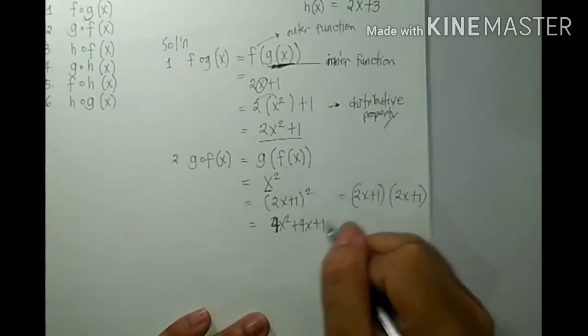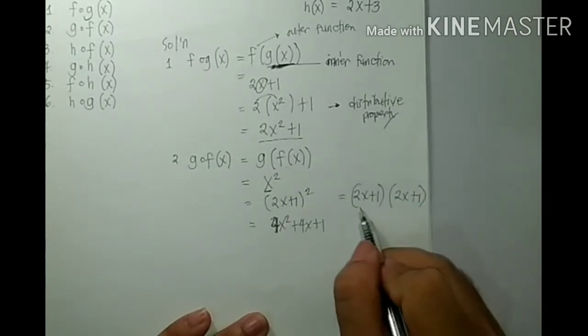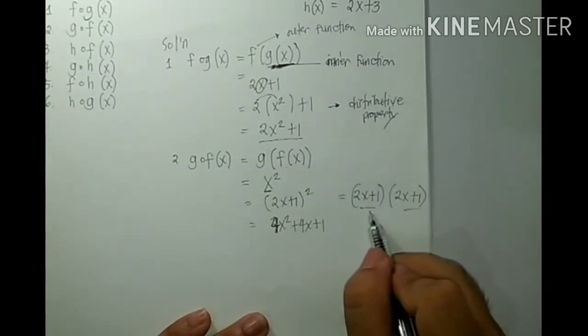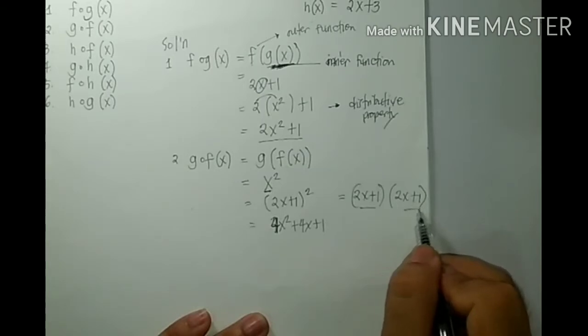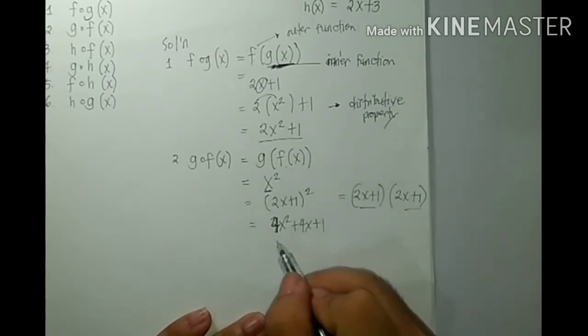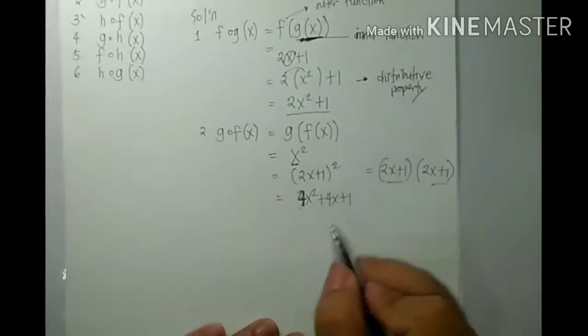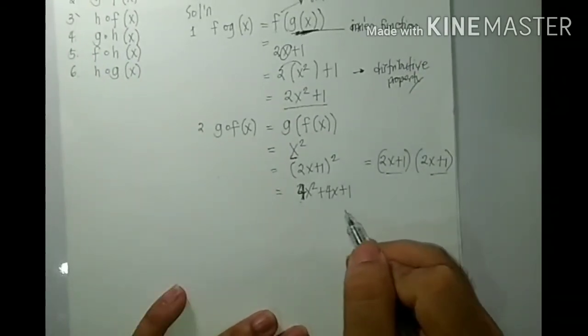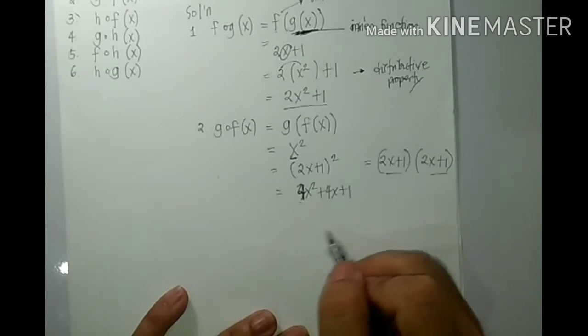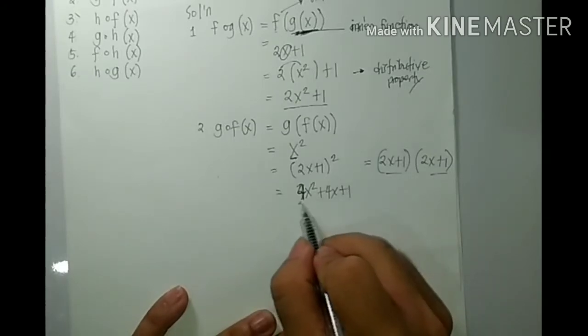So 2x plus 1 squared can be written as the factors 2x plus 1 times 2x plus 1, and this will become 4x squared plus 4x plus 1, which forms a trinomial or quadratic function.